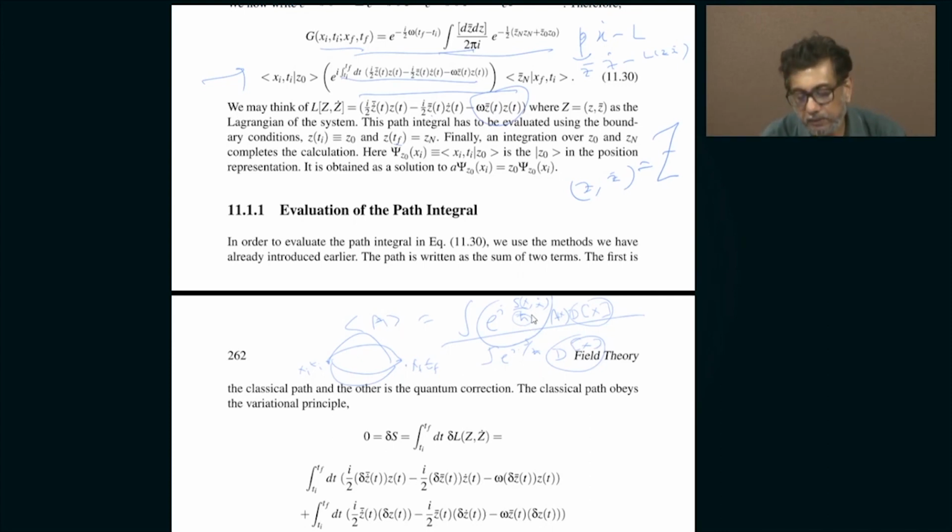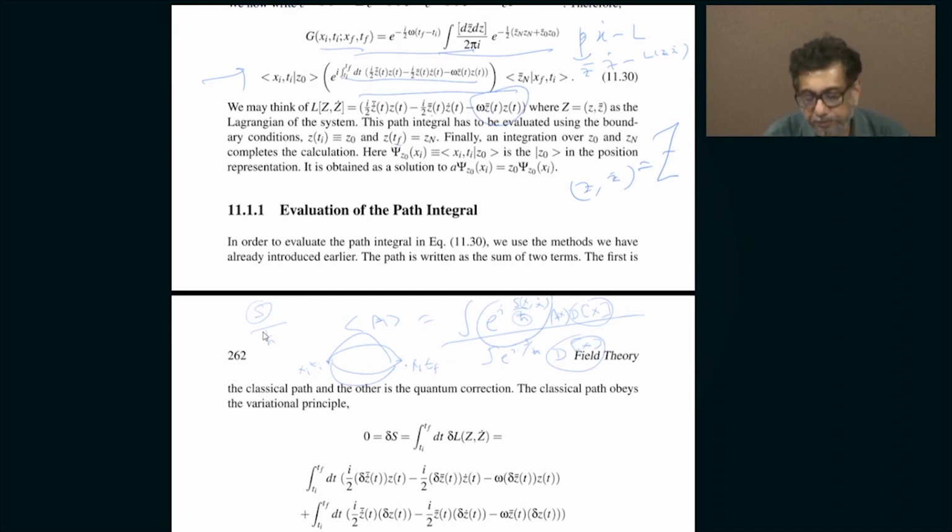So, the only paths that are likely to contribute substantially are those which minimize the action. Because h bar is already small and is in the denominator, you had better minimize the numerator also, otherwise the ratio is going to be infinite, and e raised to i times infinity rapidly fluctuates between plus and minus 1 and averages out to 0.